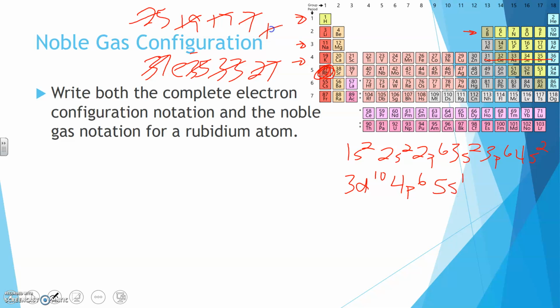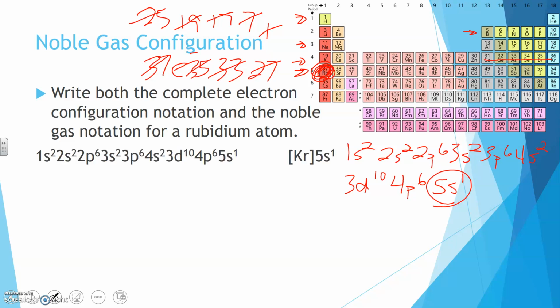Now we're out of electrons. What you'll also notice is that this should end with whatever this is. This is in the S block, it's the first one in the S block, and it's in the 5th energy level, so it should be 5s1, which is what it ends with. So there's our entire electron configuration.